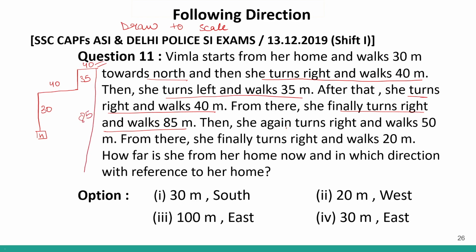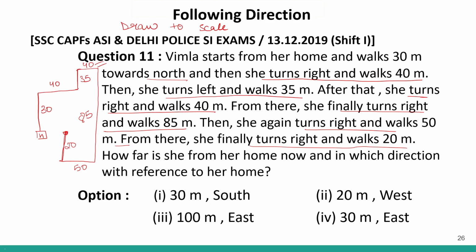85 meter. Then she turns right again and walks 50 meter from there. So this is 85 and right again walks 50 meter. Then she finally turns right and walks 20 meters. So finally right and walks how much? 20 meter. So this will be the ending position.